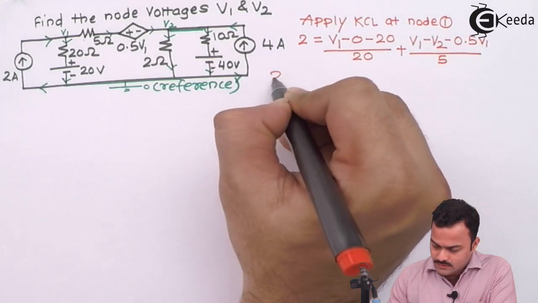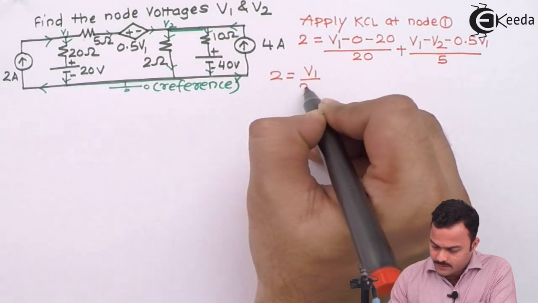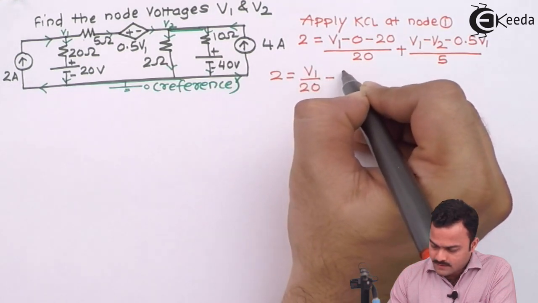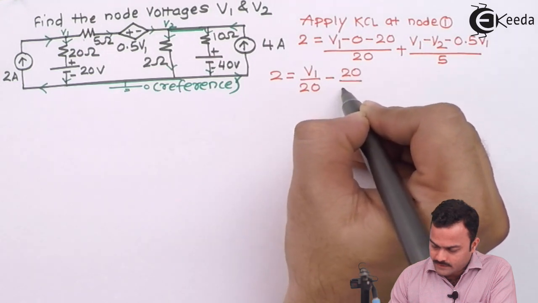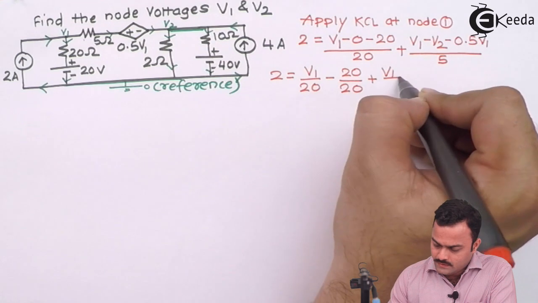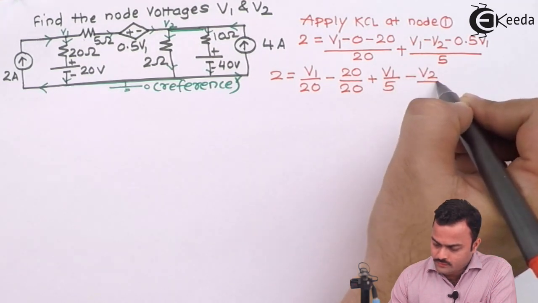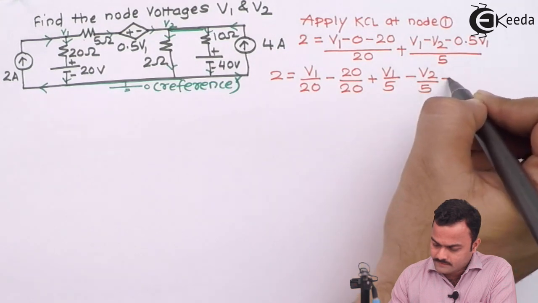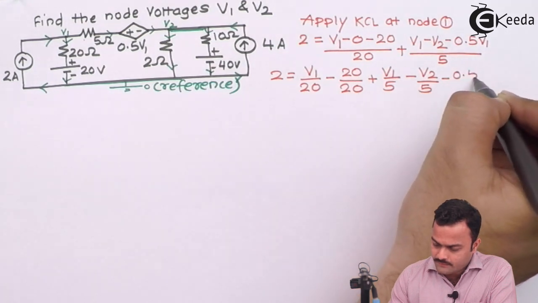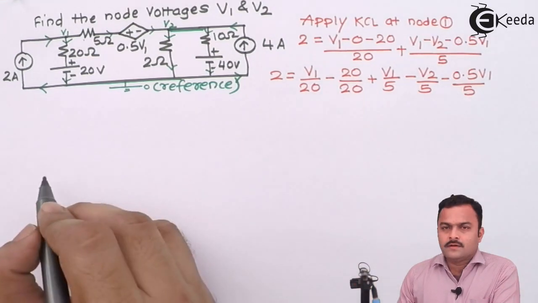Let's simplify. So 2 equals V1 divided by 20 minus 20 divided by 20 plus V1 divided by 5 minus V2 divided by 5 minus 0.5 V1 divided by 5.